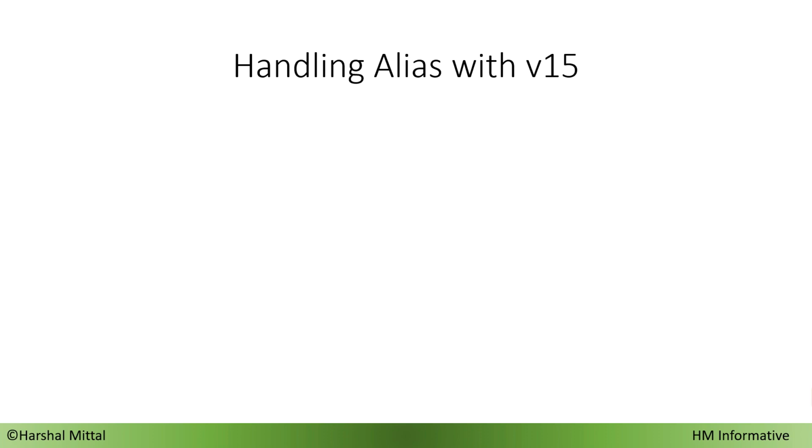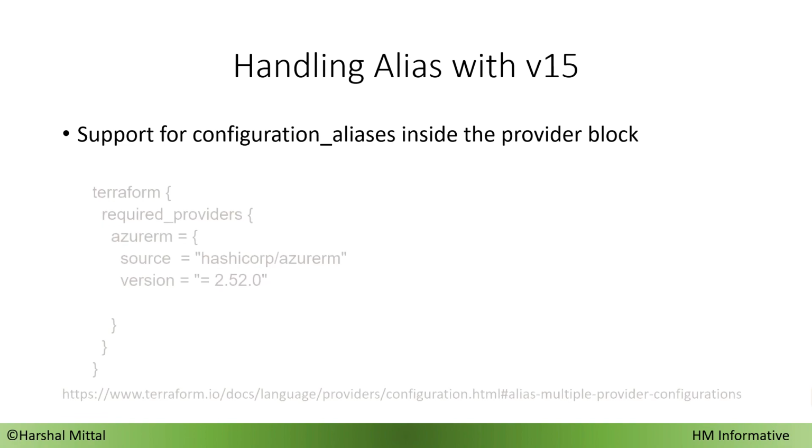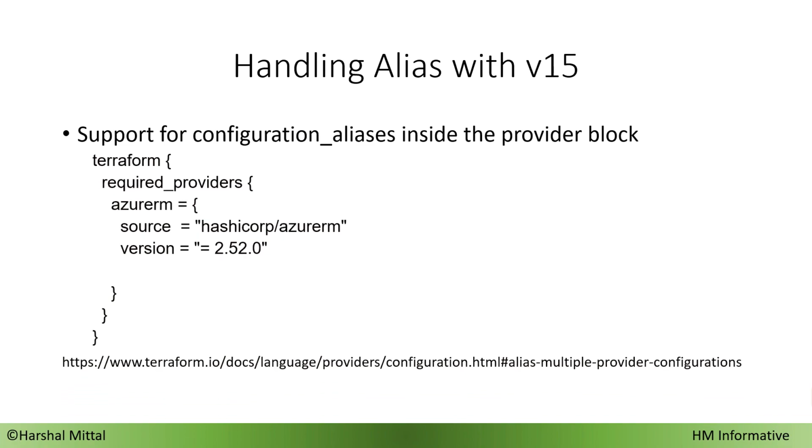In Terraform version 15, there is support for configuration aliases inside the provider block. This is the required providers block which we learned in Terraform version 14. This required providers block now has a new optional field for providers to indicate alias configuration names.